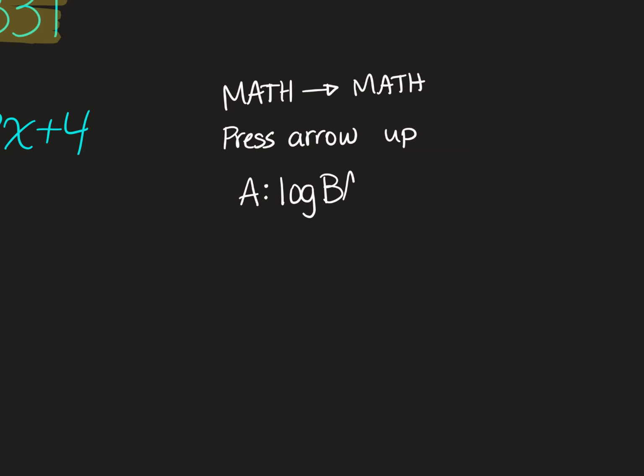I think it says A. Again, it depends on the software that's on your calculator. If you see that, when you go into the math menu and you stay in that very first menu, press the up arrow and you see something that says log base. Even if it's not option A, that's okay, as long as it says log base. When you press that, what you're going to see on your screen is this.